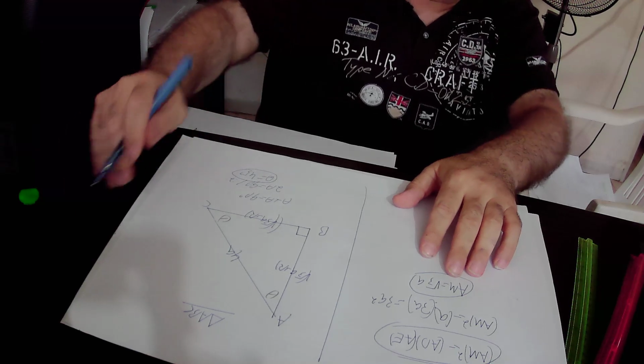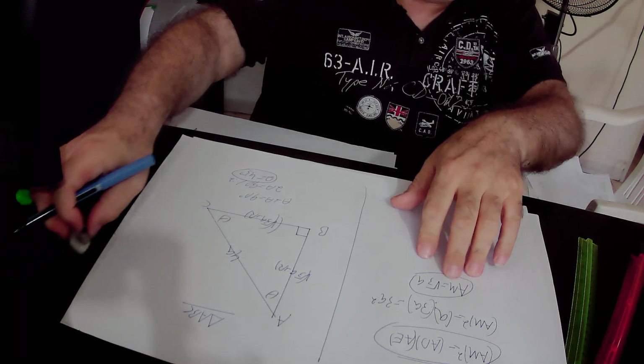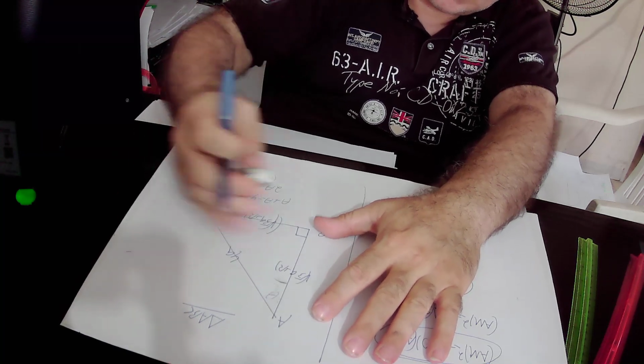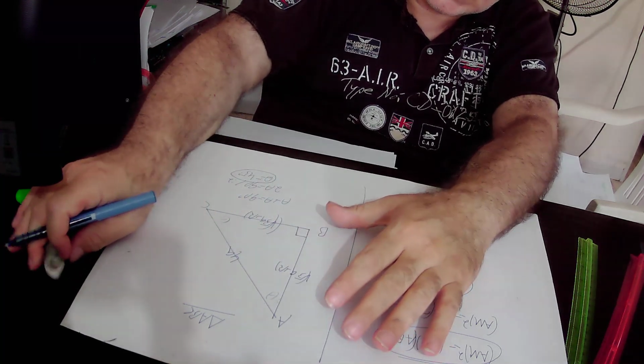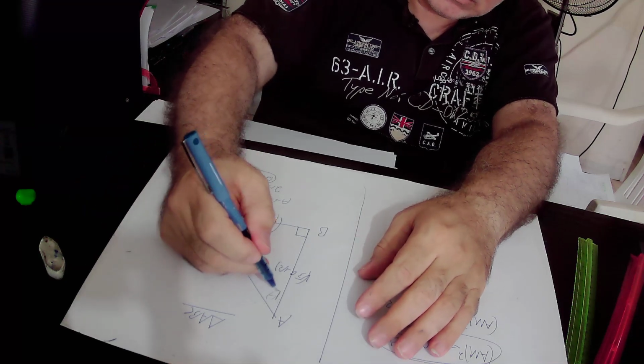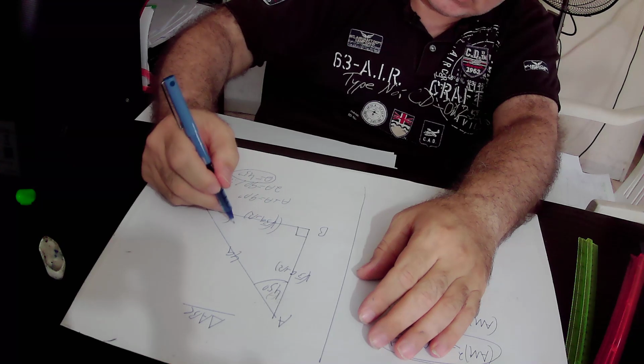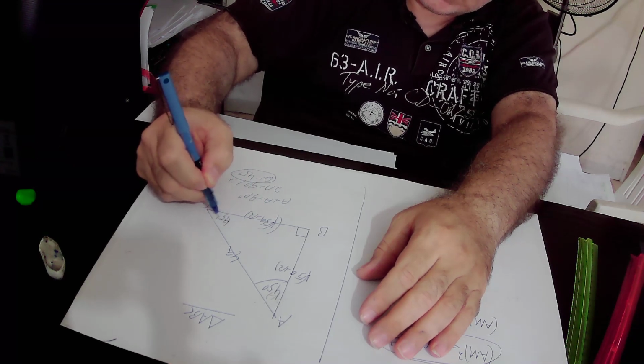So I found out that each angle is equal to 45 degrees. It is actually a right triangle that is also an isosceles triangle. Okay, so this angle equals 45 degrees, and this angle also equals 45 degrees.